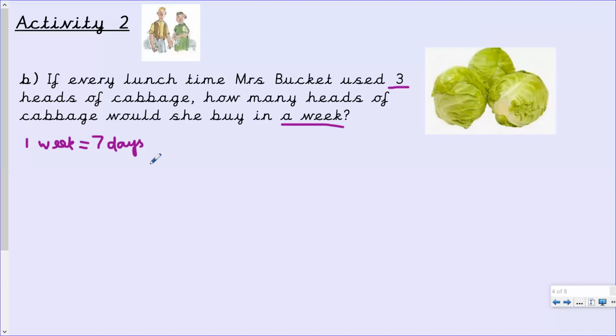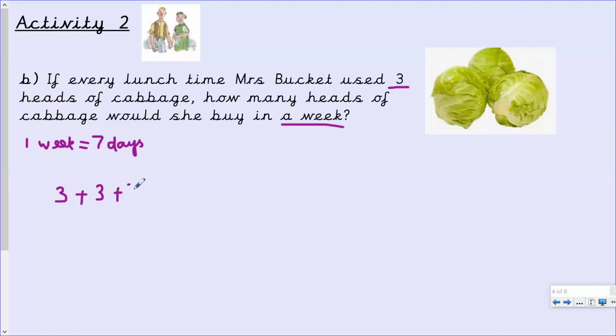Okay, so we know that Mrs. Bucket uses 3 heads of cabbage every lunchtime. We also know that 1 week is equal to 7 days. So how would I know how many heads of cabbage she would need to buy in a week? Well, I know that for 1 day, she needs 3 heads of cabbage. Then for the second day, she will also need 3 heads of cabbage.